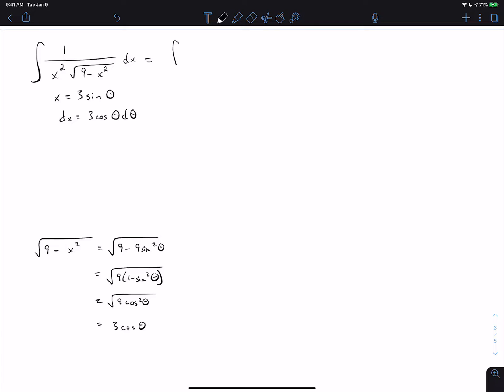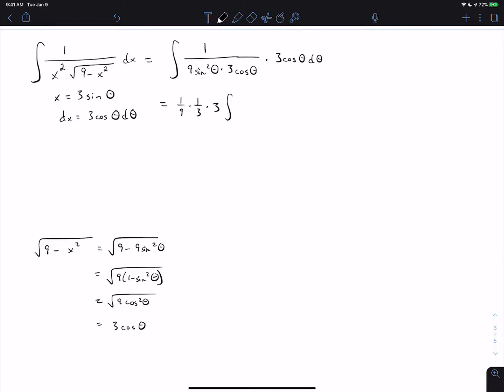And so we replace everything in the problem. We get x squared to be 9 sine squared theta. The square root of 9 minus x squared gets replaced with 3 cosine theta. And dx gets replaced with 3 cosine theta d theta. The 1/9 comes out. The 3 on the bottom comes out as 1/3.